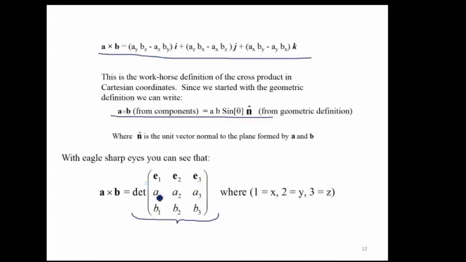This is the x, y, z components of A, x, y, z components of B. So that's what I've said over here. 1 equals x, 2 equals y, 3 equals z. So if you expand this determinant, you get exactly this equation up here. This is easier to remember, and so you might just want to memorize this because you can always expand it to get the brute force or workhorse definition.